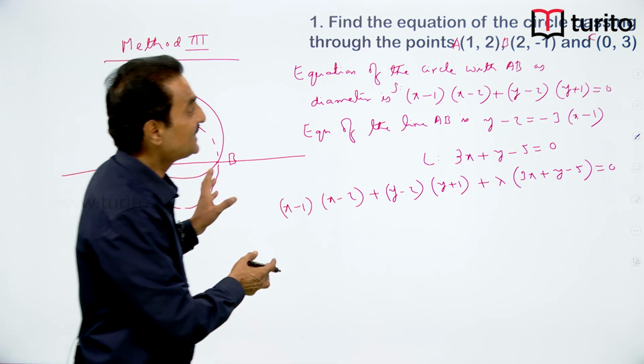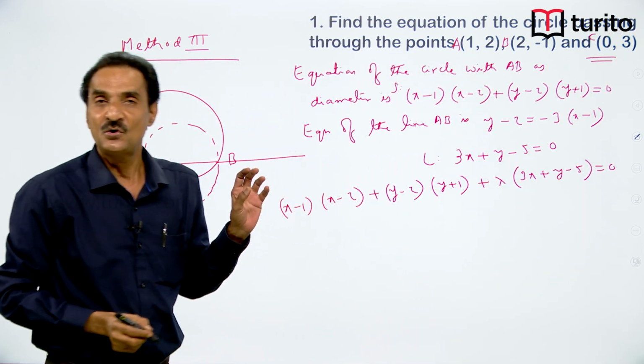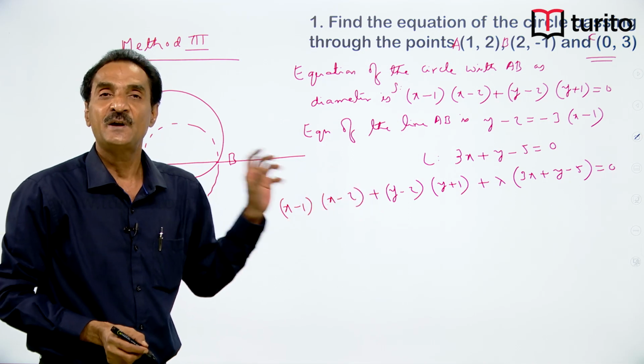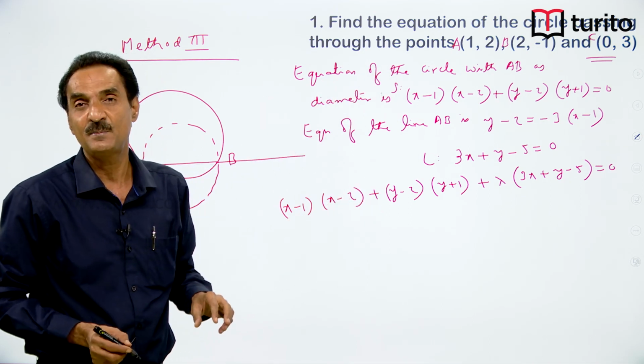Now, I want the circle passing through C also. So, by substituting coordinates of C in this equation, we can calculate the value of lambda corresponding to the circle passing through ABC.